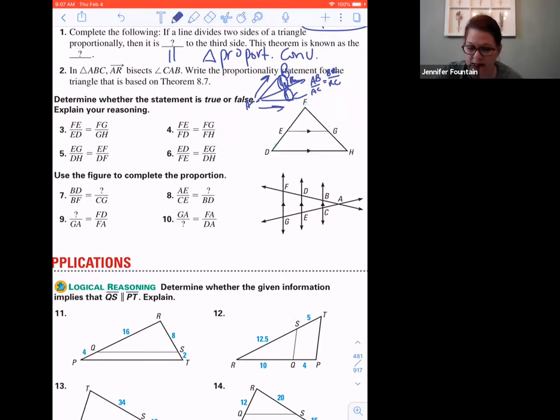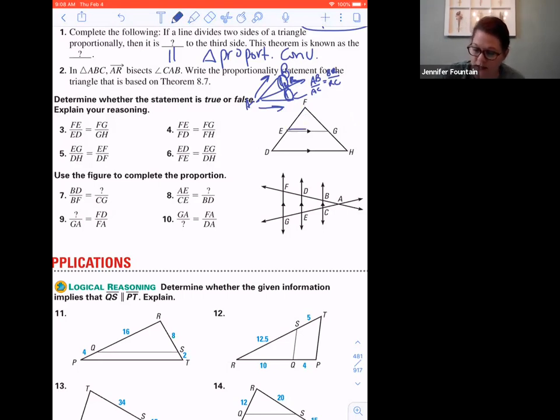Okay, let's look at the next one, number 4. FE is to FD as FG is to FH. Again, that's going to be true. Okay, I've got a part to whole as compared to part to whole. So as long as I've got those same measures, as long as I've got using my corresponding, I'm good to go.